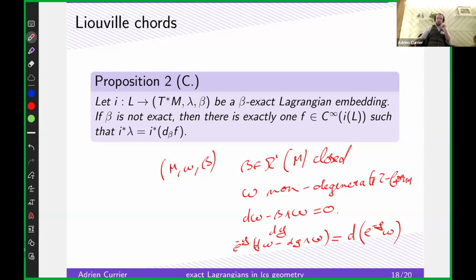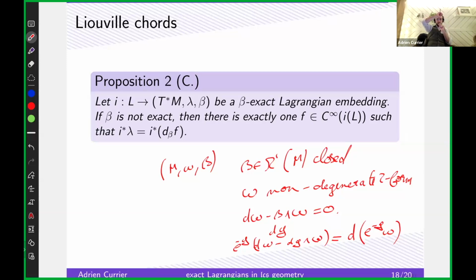I haven't actually thought much about it, so I wouldn't want to say anything too false, but the Liouville chord is essentially going to measure how quickly your map F grows along a Liouville orbit.